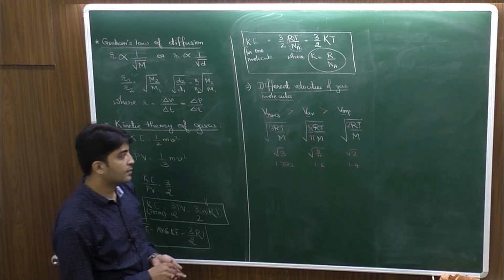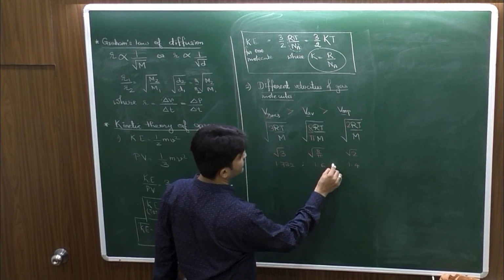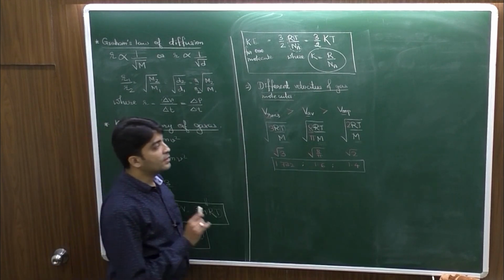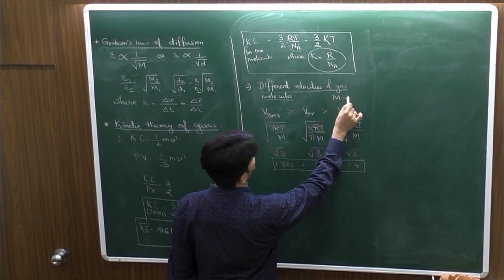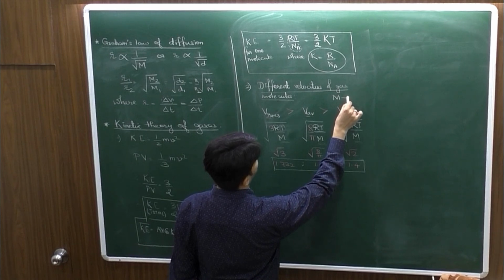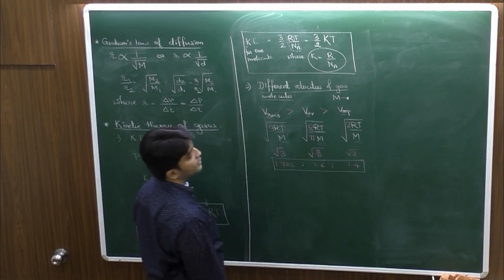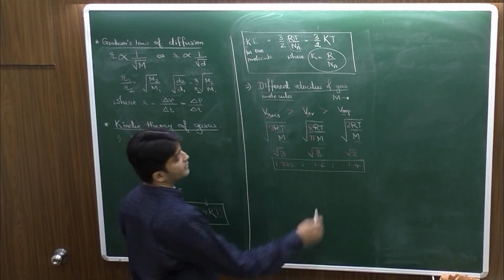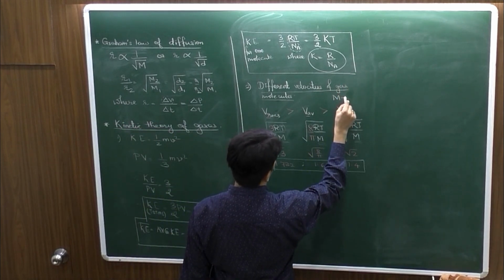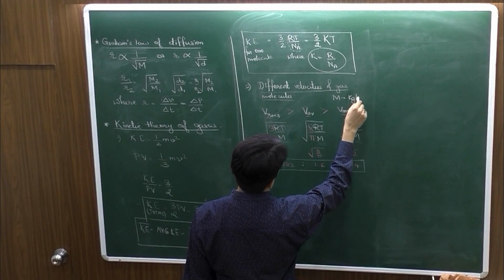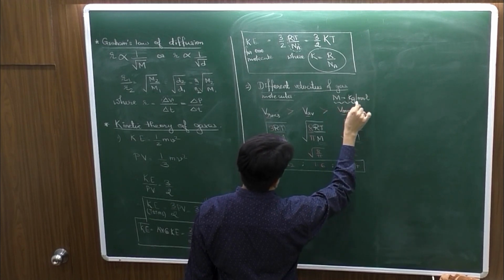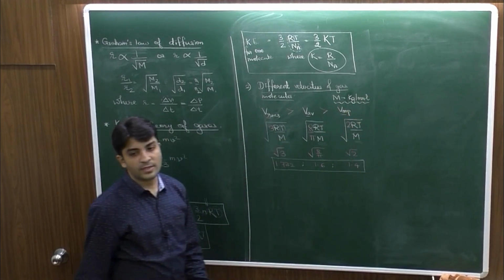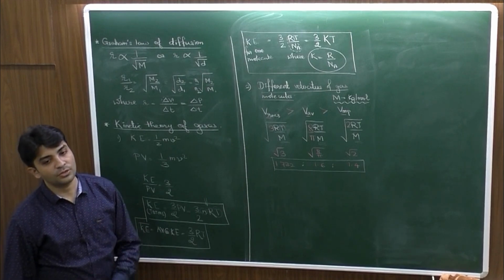Three velocities are important, and this is the ratio. Very important, here the molar mass should be in what unit? kg. Wherever you have capital M, molar mass, remember you have to substitute in kilogram per mole. This is the silliest mistake in terms of substitution.